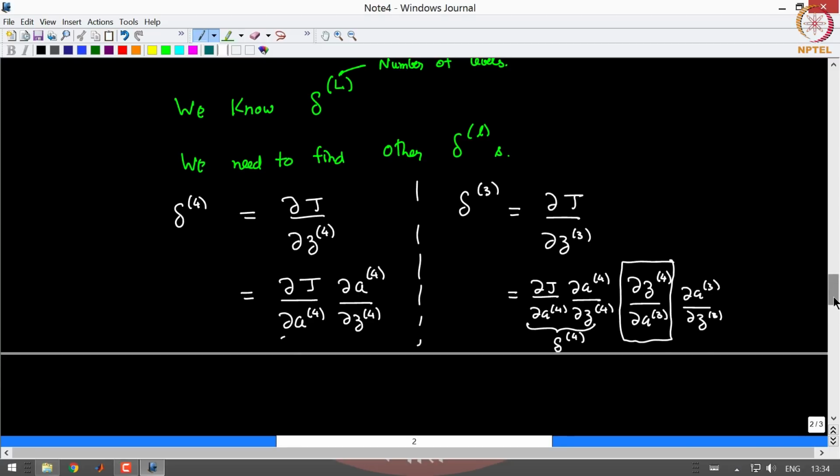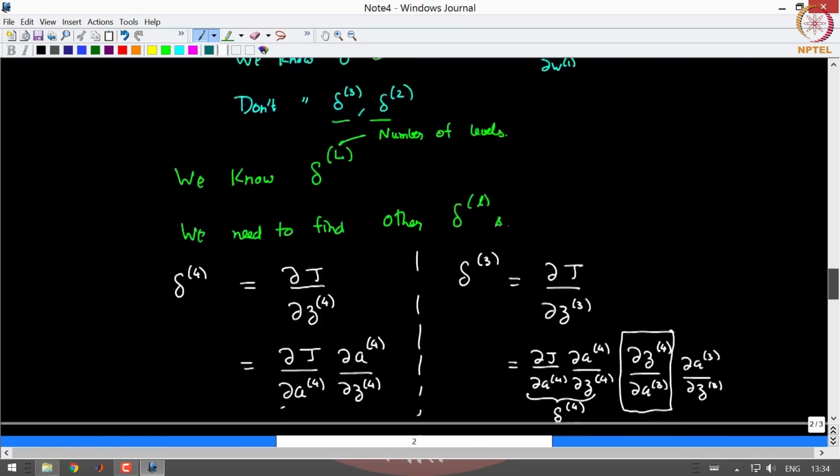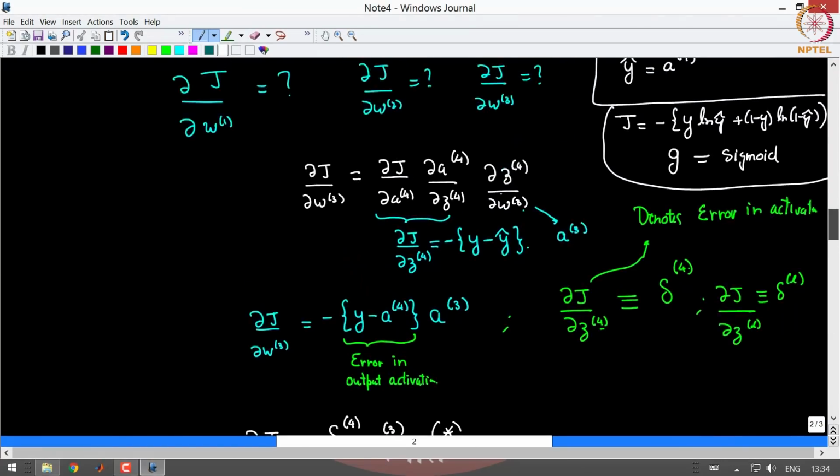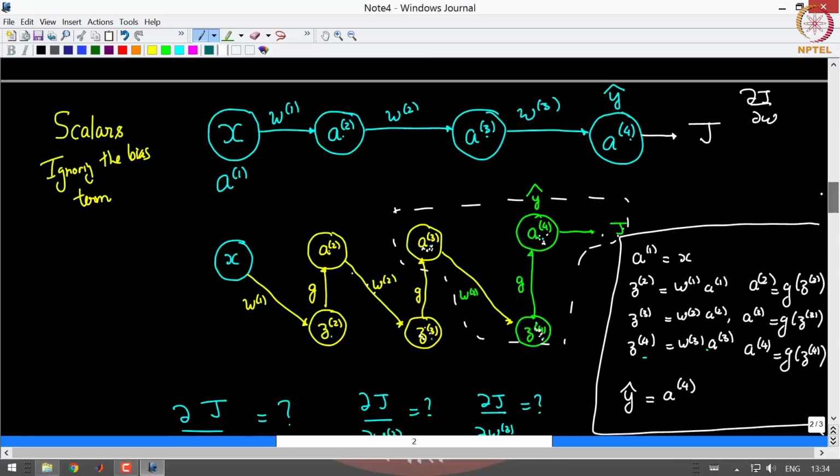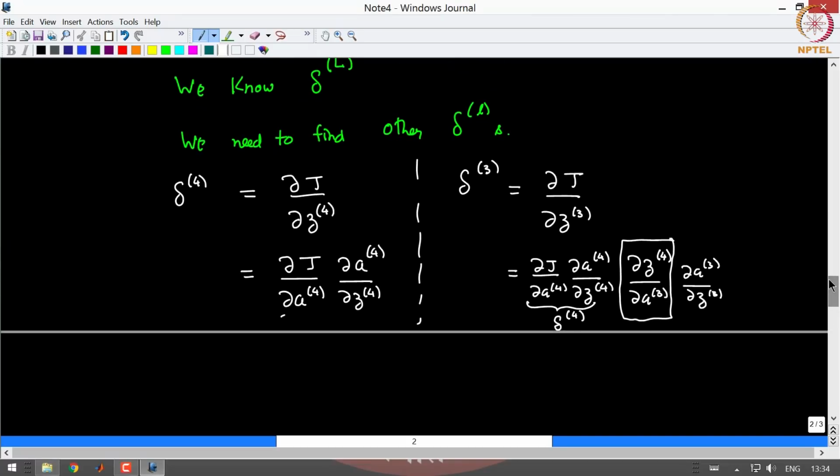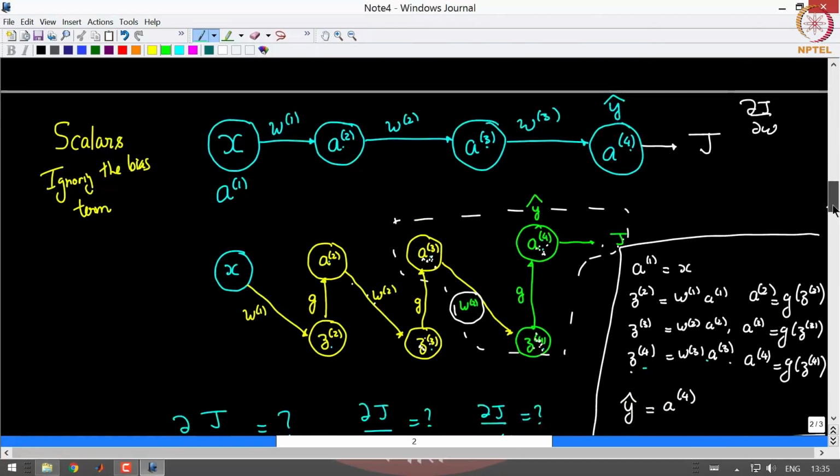Let us look at this term del z 4 del a 3. Come back to the figure. Del z 4 del a 3 is simply this term w 3. You can see that del z 4 del a 3 is w 3. So, let us write that here. This term is w 3. What about del a 3 del z 3? Del a 3 del z 3 is related by g.